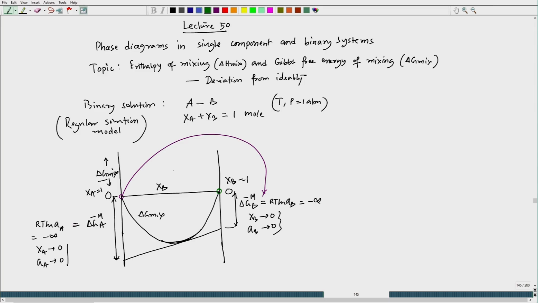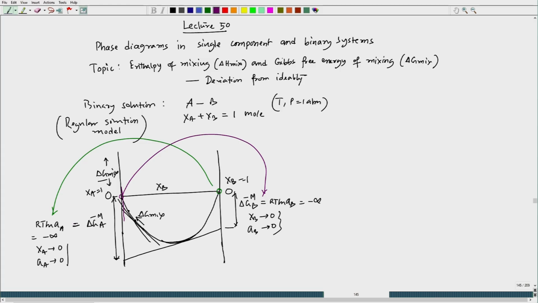If we keep moving like this, we will reach a situation of x B tends to 0. At every point we can draw a tangent like this, so finally we will have a tangent here which will be vertical downward.